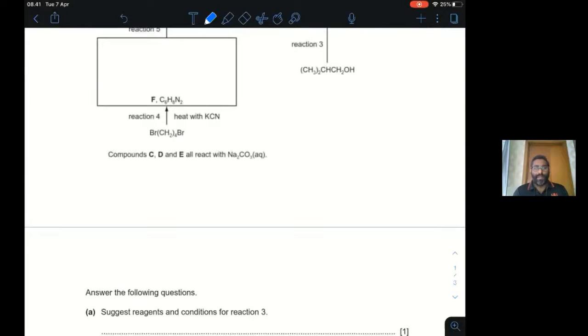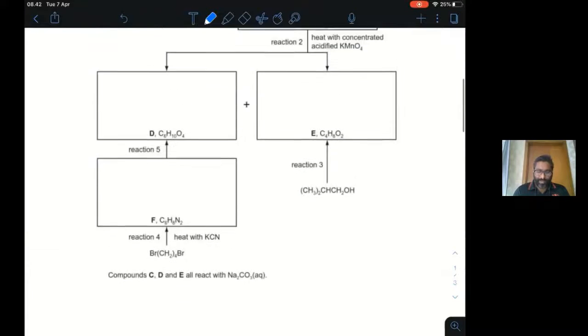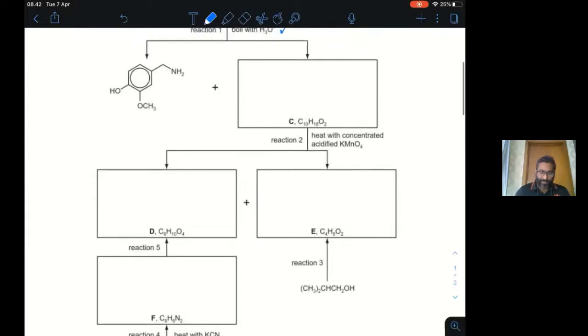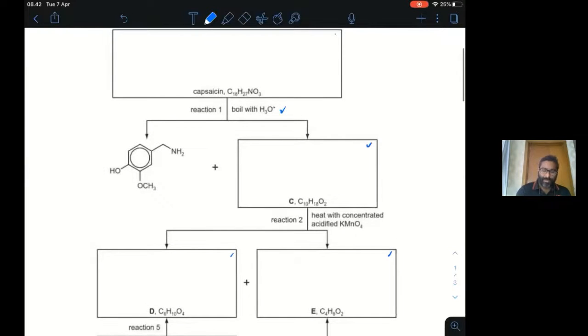But while I was doing this question, I also noticed one thing. I ended up trying to figure out a lot of equations and the structure of the compounds. I spent a lot of time figuring out what is this structure, what is this structure, rather than doing one thing.